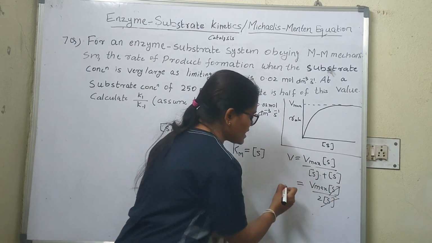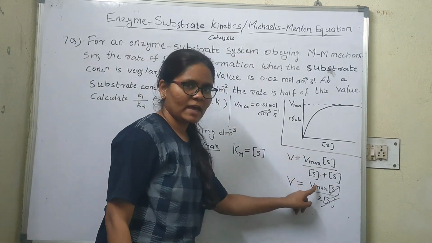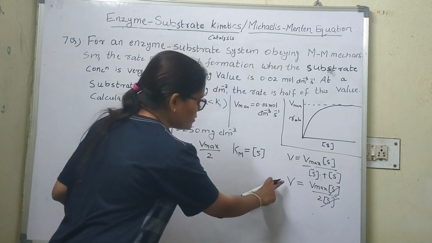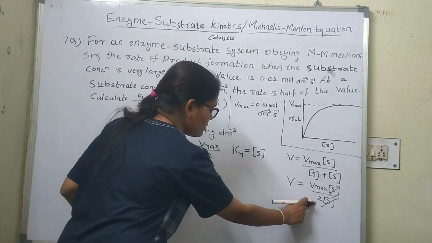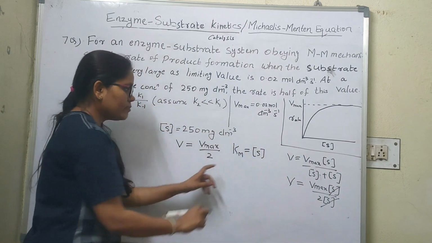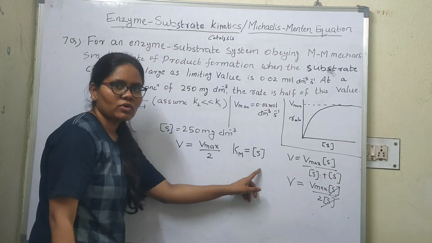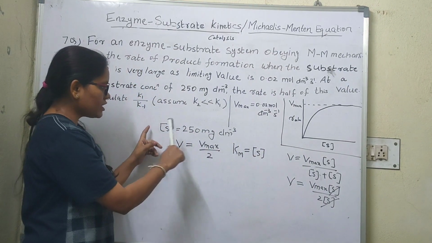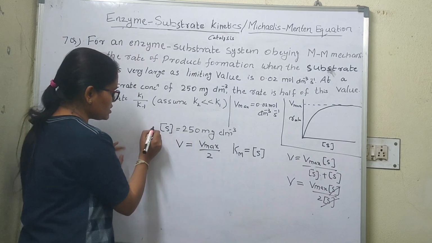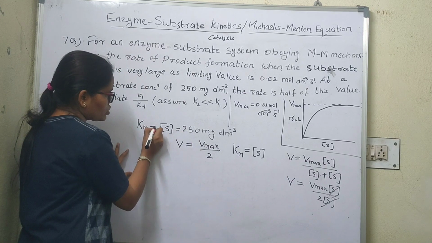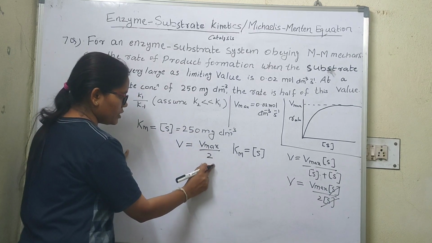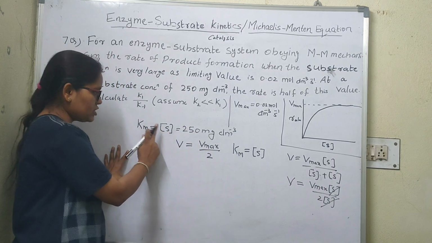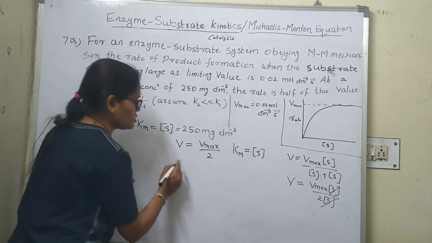So this S gets cancelled and V becomes Vmax over 2. So the rate becomes half of the maximum rate when the Michaelis-Menten constant is equal to the concentration of substrate. Now we are given the concentration of substrate at which V is Vmax by 2, so the substrate concentration must be equal to the Michaelis constant.